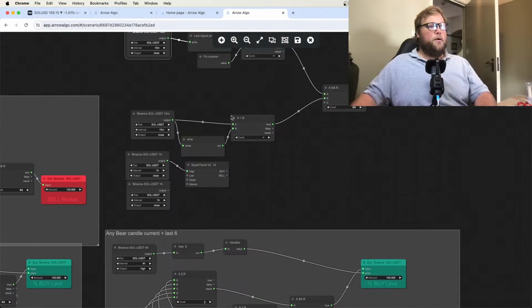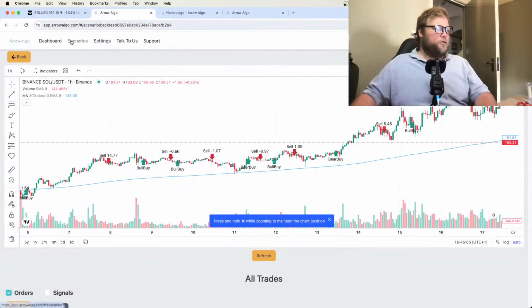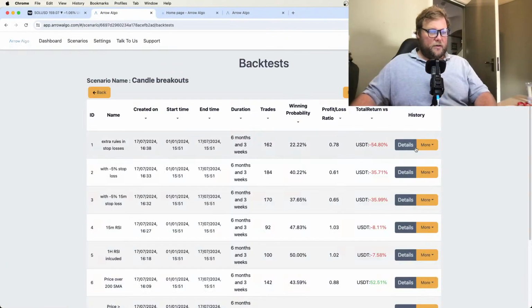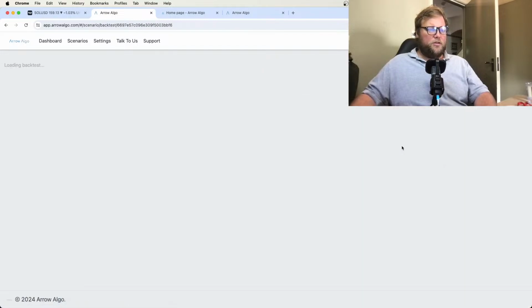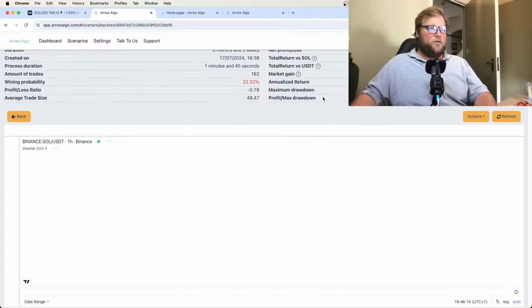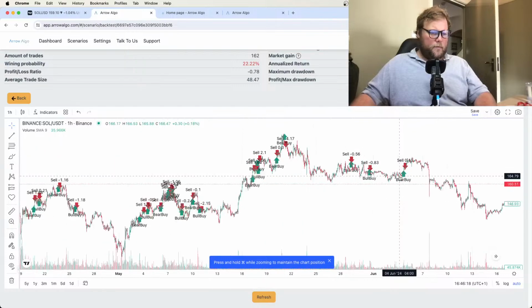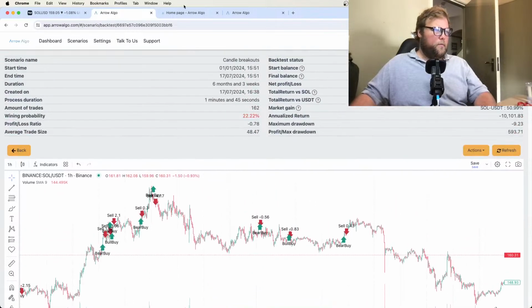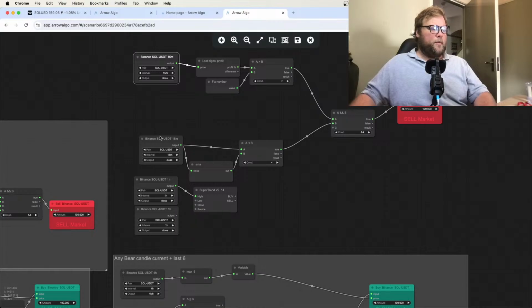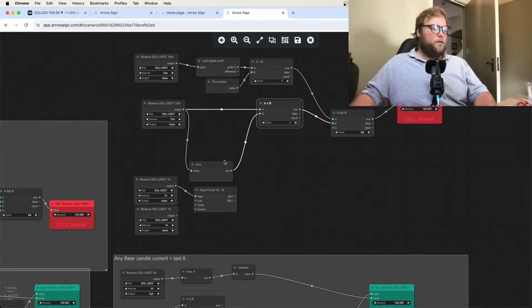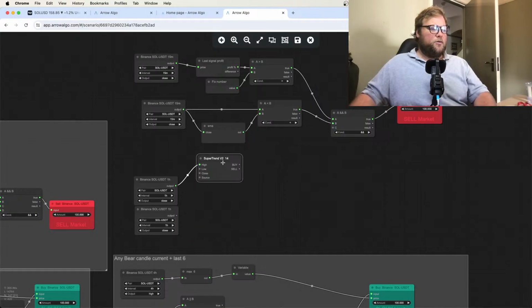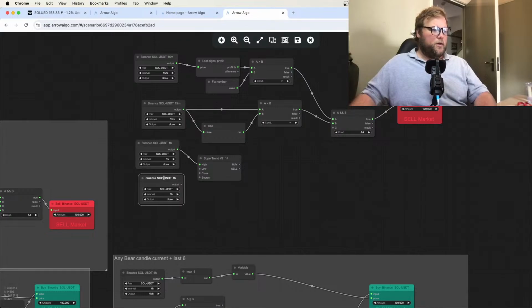As you can see here from this previous test, we don't just want to sell too often. This one we took the win rate down to 22% because we just had too many sell orders. These stop losses were kicking in far too quickly. So again, it's going to be about reading the chart, trying to come up with ideas as to when to trigger these stop losses and how we can make them as smart as possible.